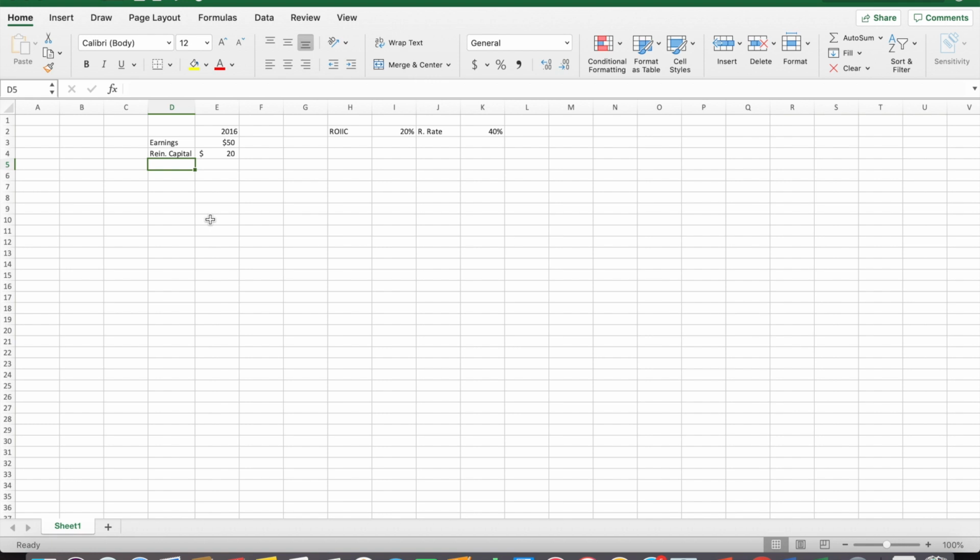year. And remember, our ROIC is 20%, which means that for each incremental amount of capital that we deploy, we get 20% of that capital back in earnings.